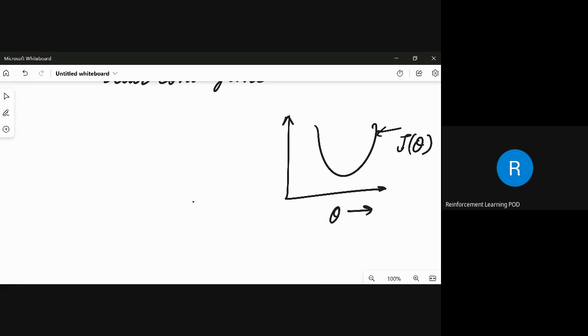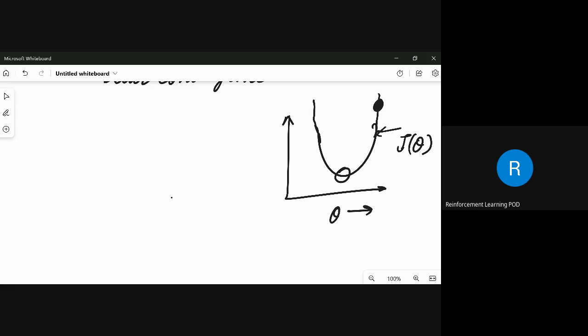J theta typically identifies the cumulative error that you want to decrease, a measure of overall error parameterized by theta. So you want to find this minimum point. You arbitrarily initialize theta so that you are somewhere on this curve. Let's say you are at exactly this position.